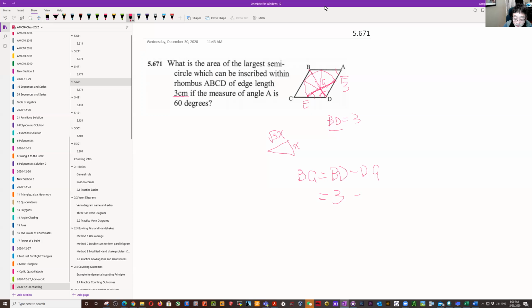DG is just the x we assumed. So this part BG is 3 minus x.